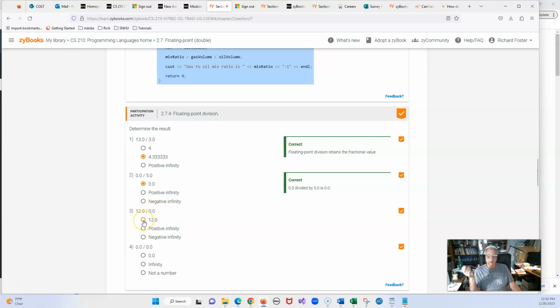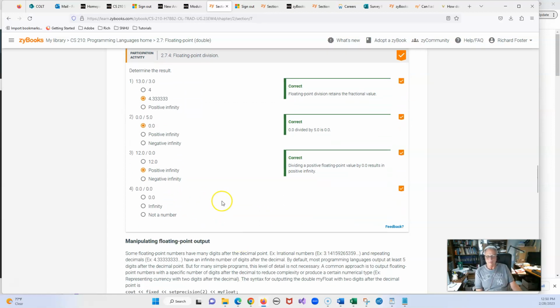So it's obviously, you know, it can't be 12 because it would be 12 divided by 1. But however, we have positive or negative. And to be honest with you, I don't see why we need a positive or negative infinity because we really can't use infinity. So we're going to go with positive because this is positive and positive. And let's click on positive infinity and there we go. But infinity is really undefined, so we don't have to worry about that.